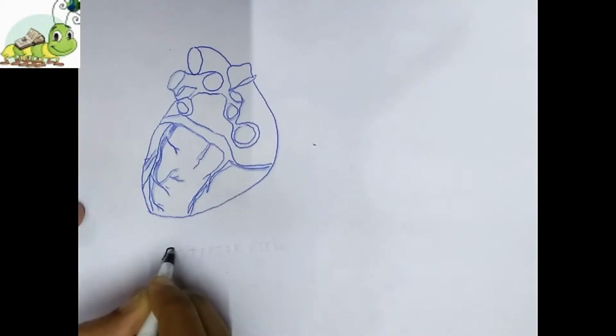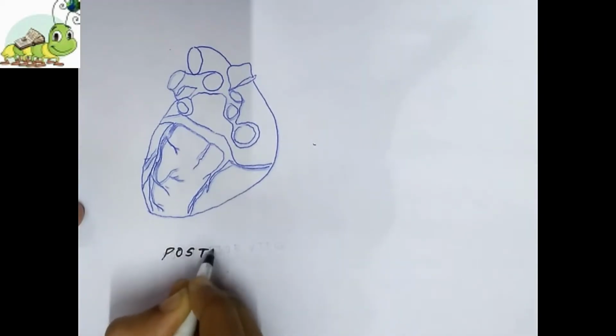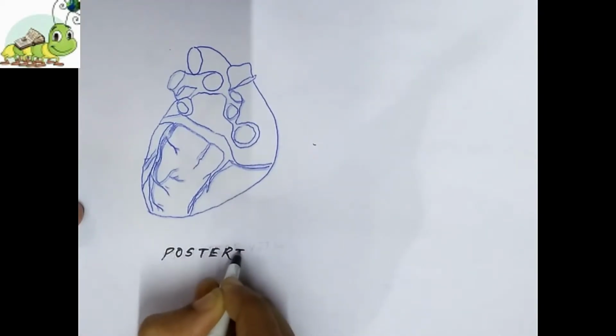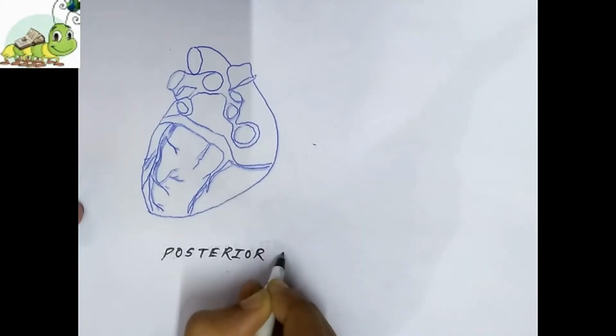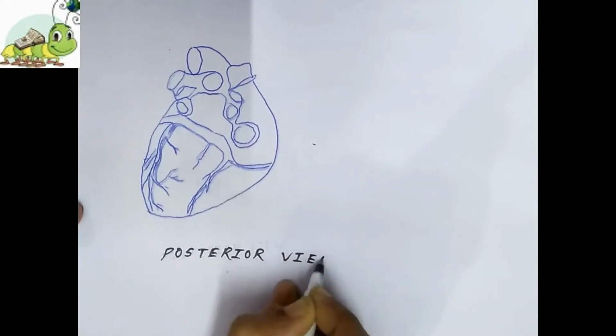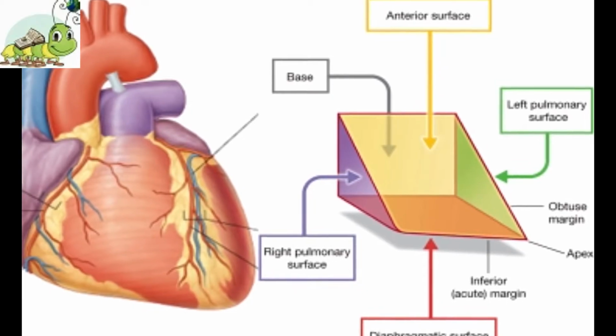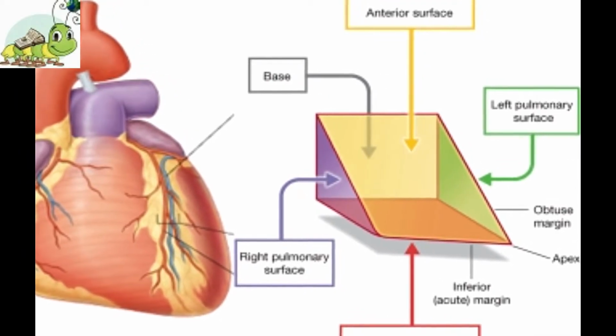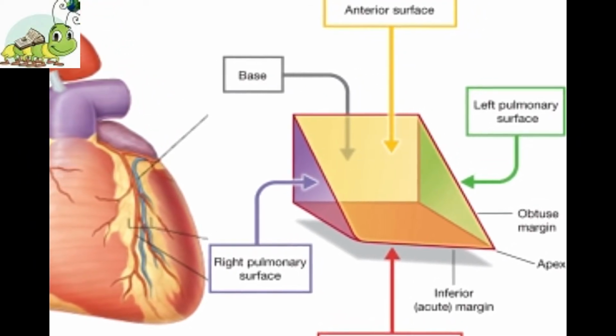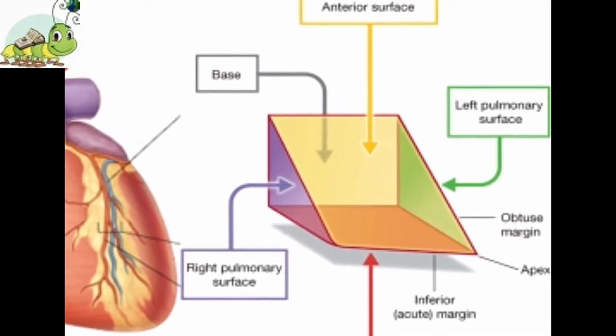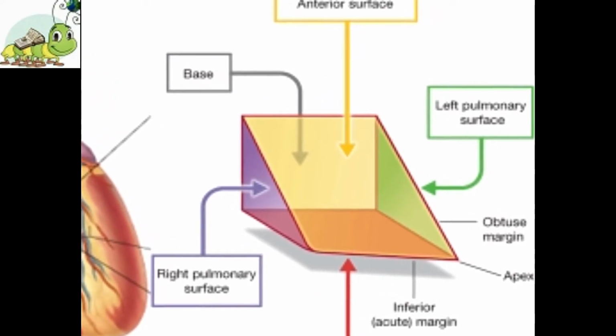We will discuss the sulcus in the base of the heart. The posterior surface is formed by the atria, mainly the left one. The fourth surface is the right pulmonary, the right atrium, and the fifth and last one is the left pulmonary, the left ventricle.